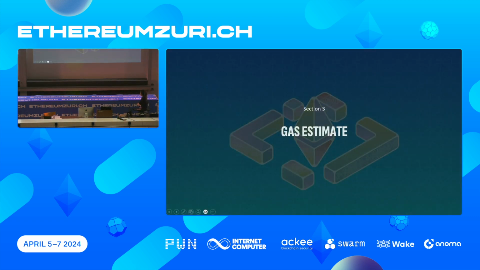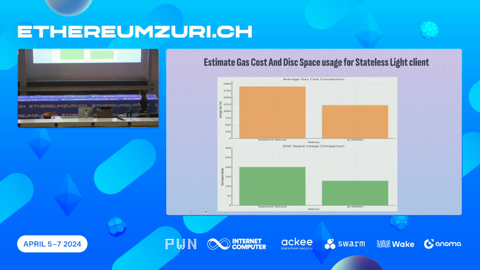So let's have a look at the gas estimation of the stateless blocks. Here is a general overview and calculations. I compared disk space and also the gas cost for both traditional witnesses produced so far at Ethereum, and also when we compress them even further with ZK snarks.